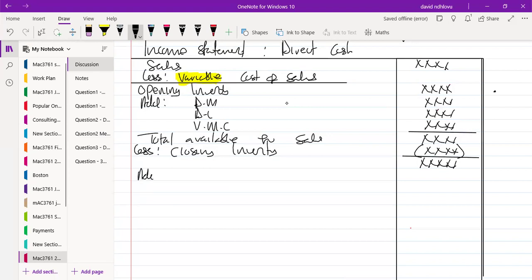And you now add other variable costs. So these can be non-manufacturing. You determine all the other variable costs, you add them. Right, only then can you go now to the cost of sales.